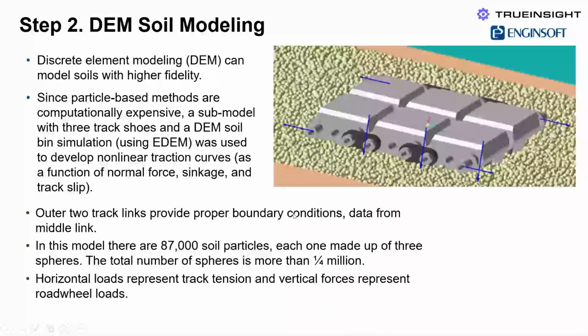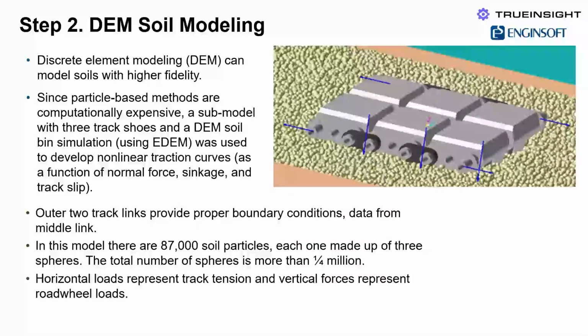And so in this model, we had 87,000 soil particles, or in other words, gravel particles. And each one of these particles was made up of 3 spheres. And this is a gravel model that is a validated model in EDEM, so we can have confidence in its behavior.